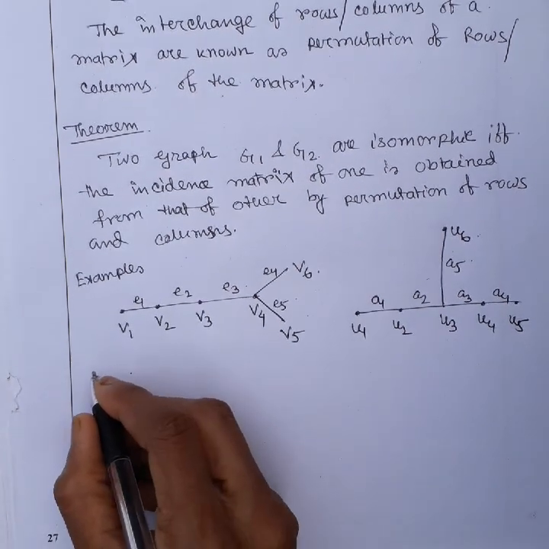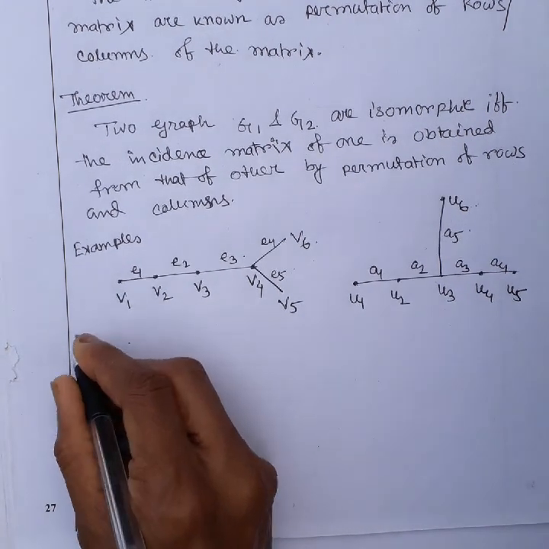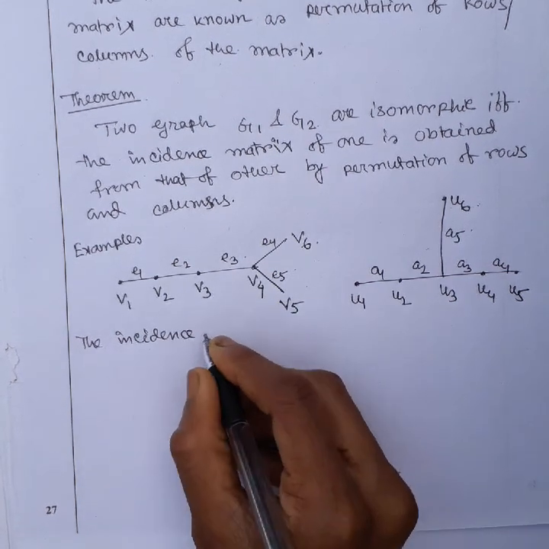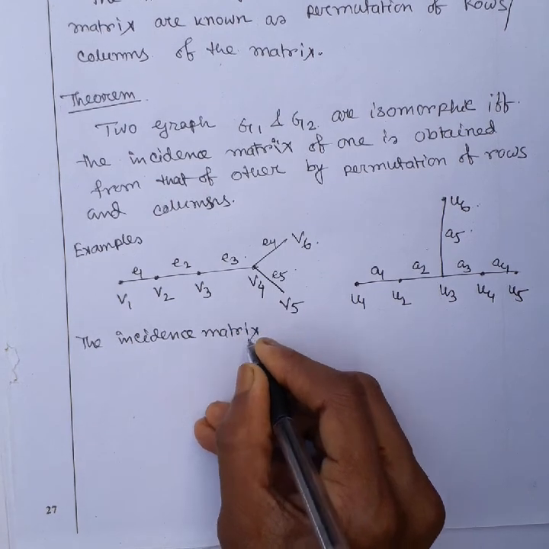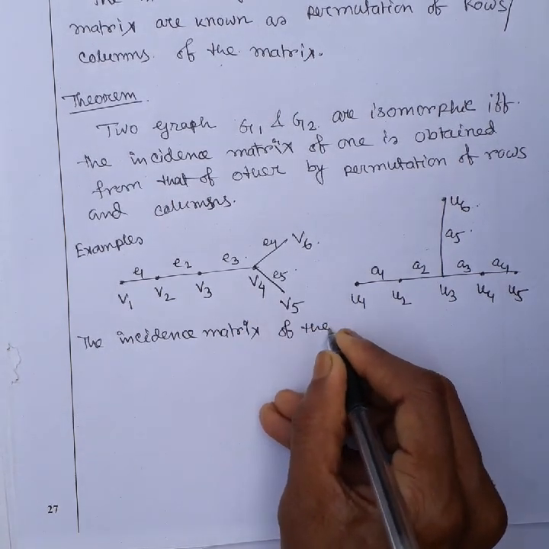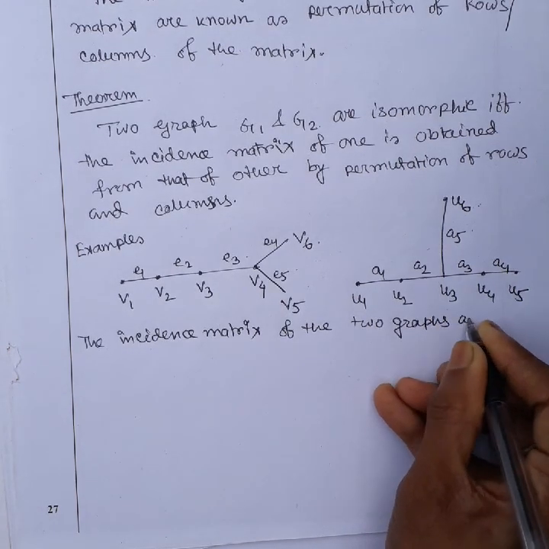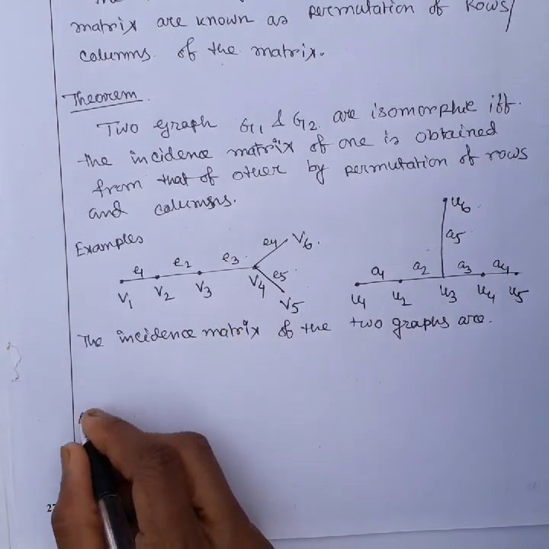So the incidence matrices of the two graphs, say this is G1 and say this is G2.